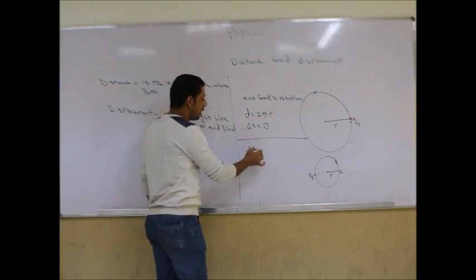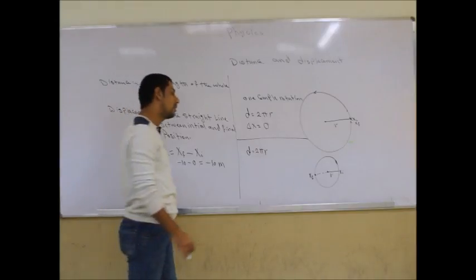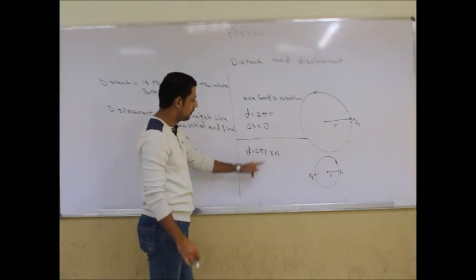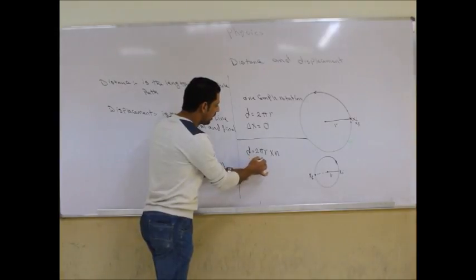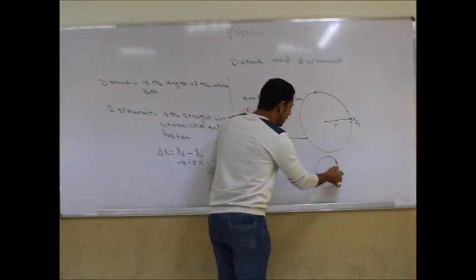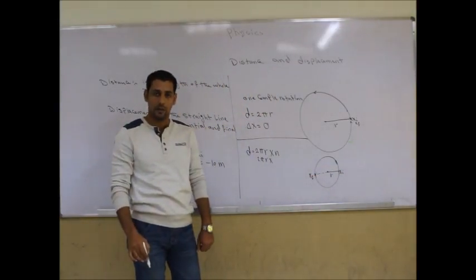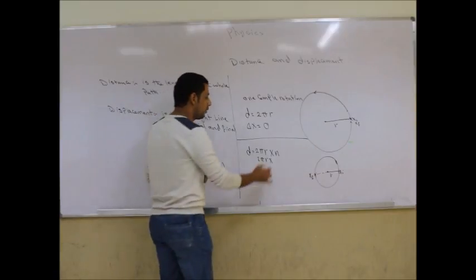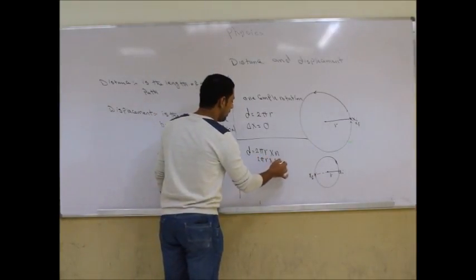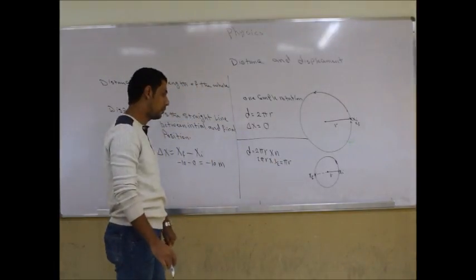To calculate any distance in a circular path, it is 2 pi r times the number of circles. What is the number? He just moved from this point to that point, which represents half a circle, so it will be half. So it will be 2 pi r times half, equal to pi r. This is the distance covered by the object.